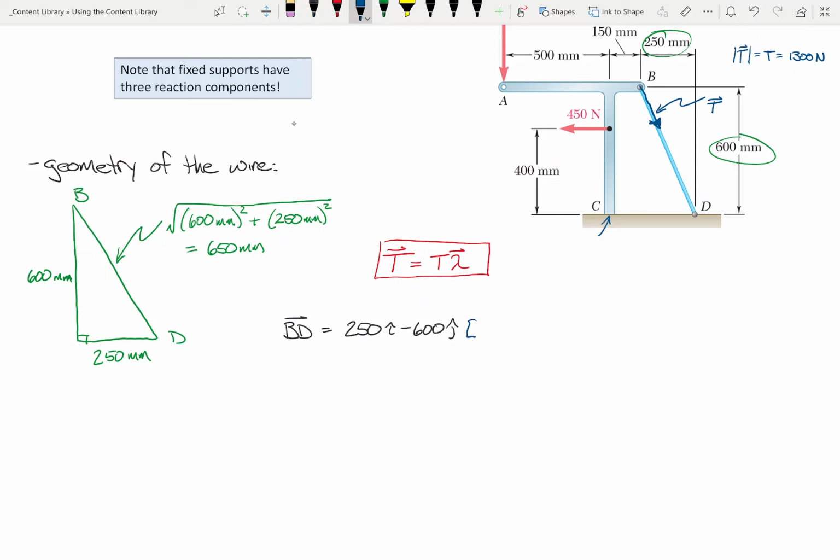And let's make sure that we're documenting that with the units. So that's my distance vector, and then remember we would take that and convert it to a unit vector by saying that divided by the magnitude, and then this is going to be unitless.